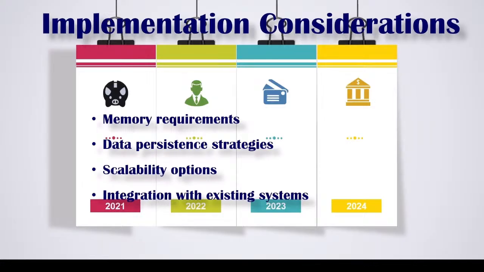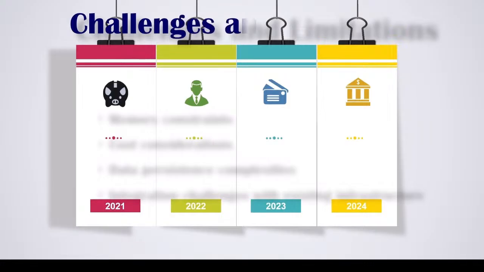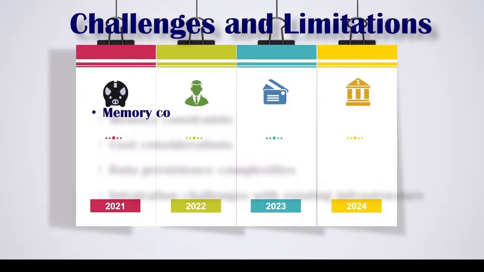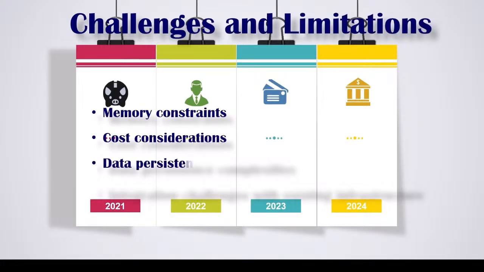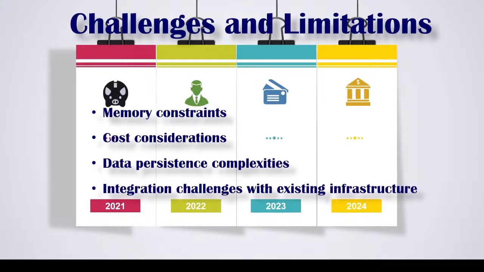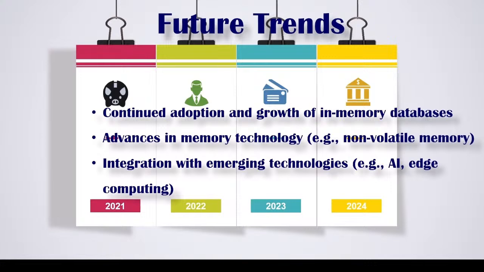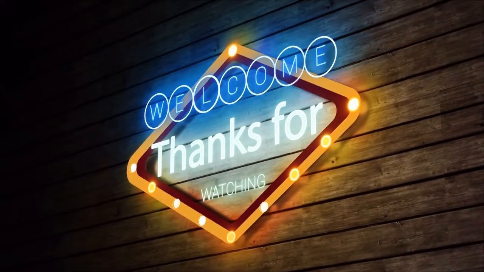Challenges: memory constraints, cost considerations, data persistence complexities, integration challenges with existing infrastructure. Future trends: continued growth of in-memory databases, advances in technology, for example, non-volatile memory, integration with emerging technologies, for example, edge computing.